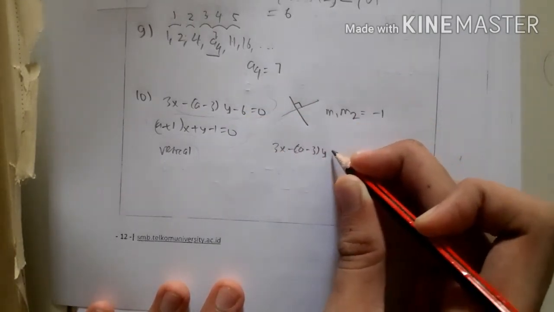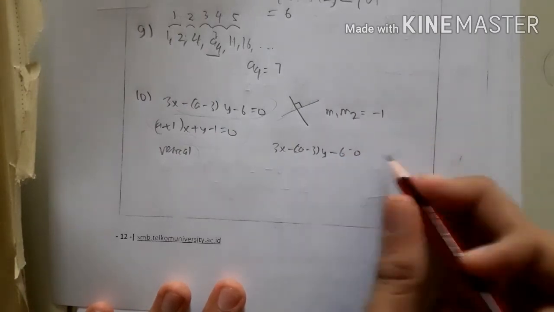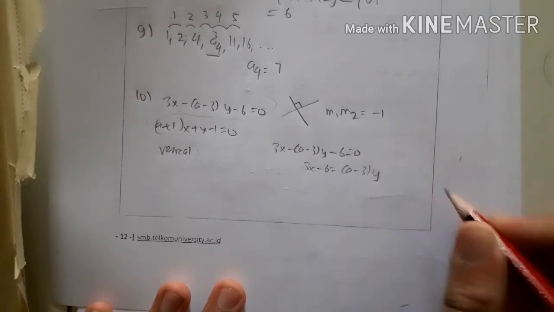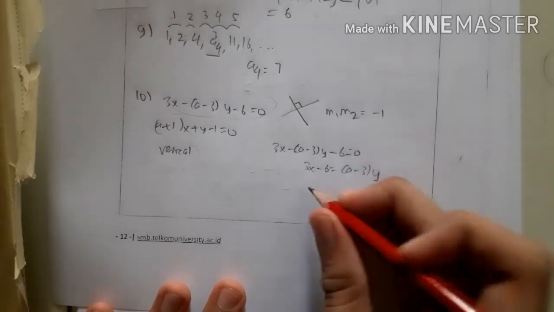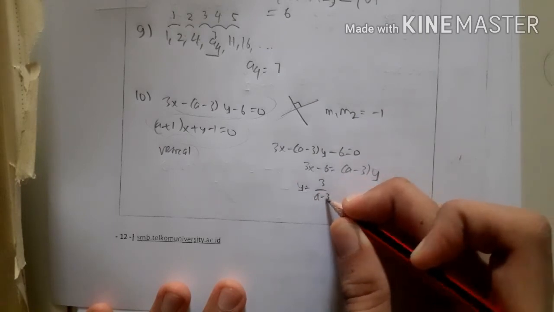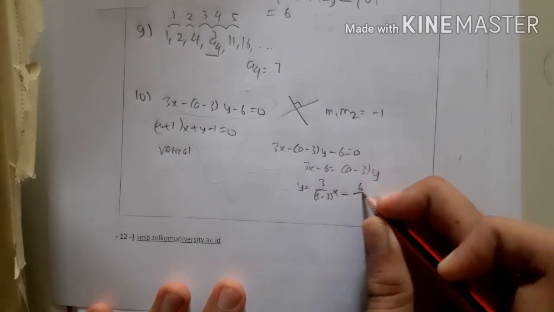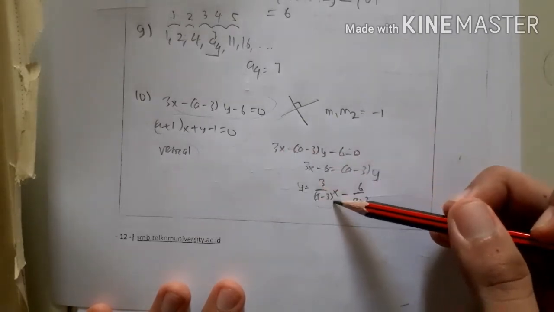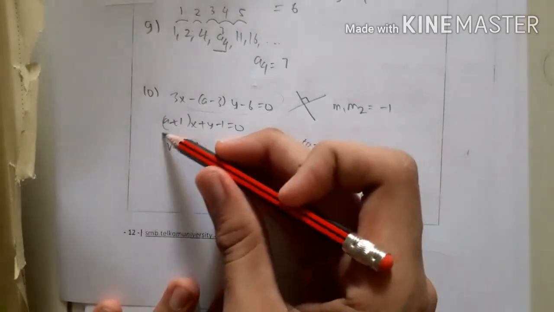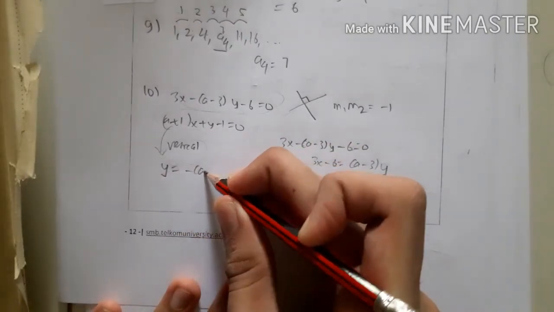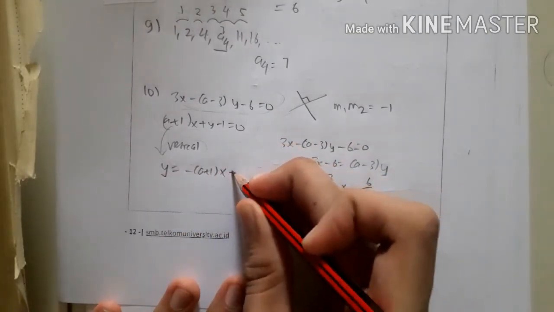The way to do that is to make y alone on one side. So you move y to the other side, and then you move the a minus 3 over. So y equals 3 over a minus 3 x minus 6 over a minus 3. Now you have the gradient of the first line, that is 3 over a minus 3. Now for the second line, just do it as we did before.